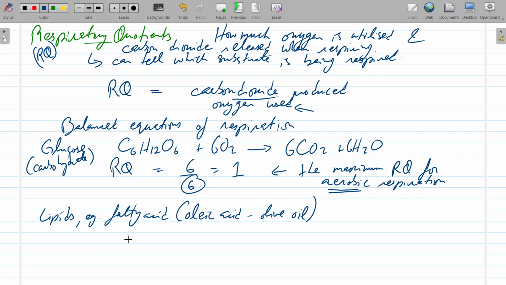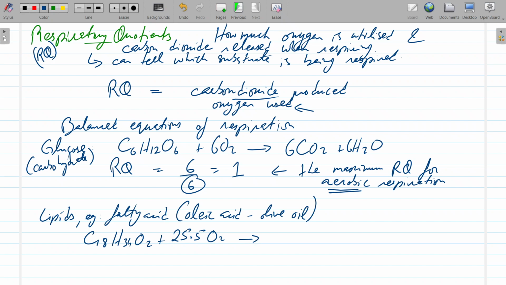And the balanced equation for its respiration is C18H34O2 plus 25.5 O2. So yes, when balancing, we can use decimal points.